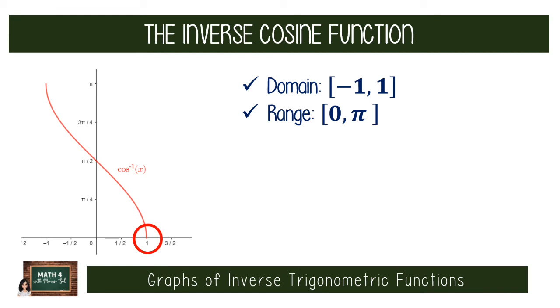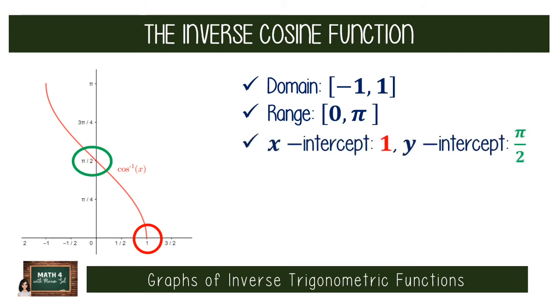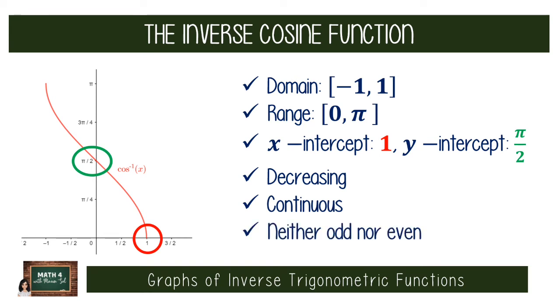Meanwhile, examining where it intersects the y-axis, we know that the y-intercept is pi over 2. Unlike the graph of the inverse sine function, the graph of the inverse cosine function is decreasing. It is a continuous function, and it is neither odd nor even. That means that it is neither symmetric with respect to the origin nor the y-axis.